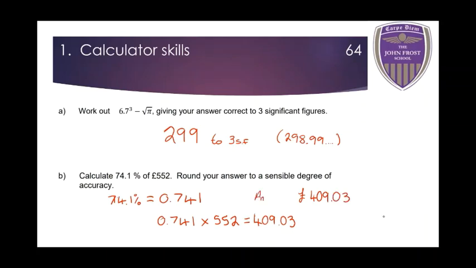So we're converting percentages into decimals and then multiplying our number by the decimal, and that'll give you the answer. And we've rounded it to 2 decimal places because we're dealing with money.